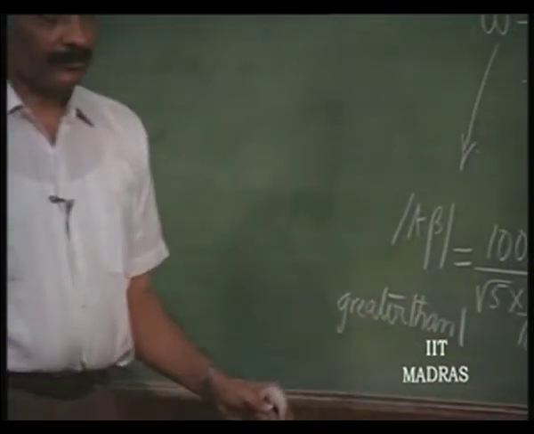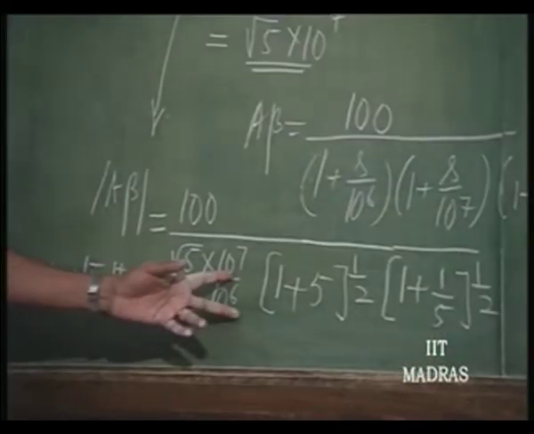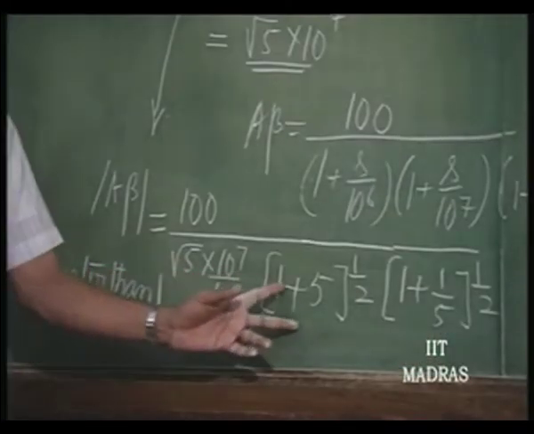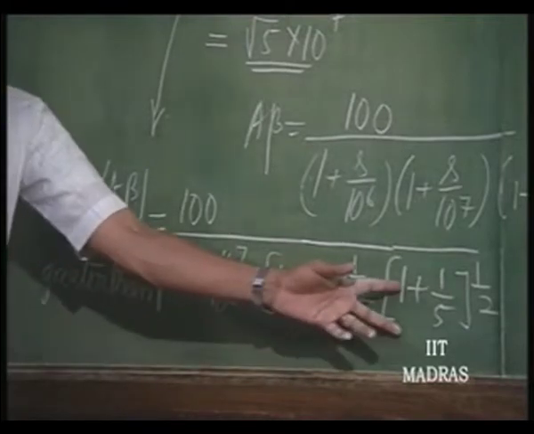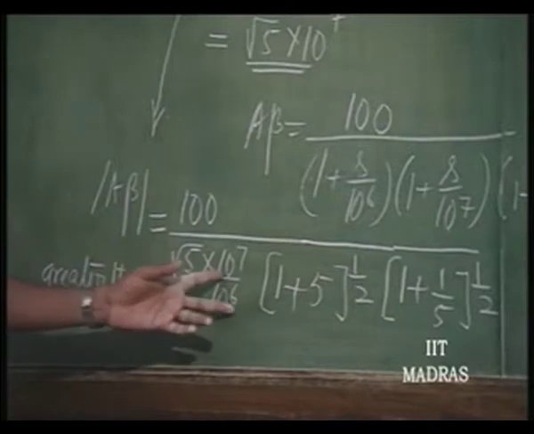So, you can see that this is greater than 1. This is 100, this is root 5 into 10, which is not much, this is root 6, this is almost nearly 1. So, this is root 30 into 10. How much is it? Root 30?